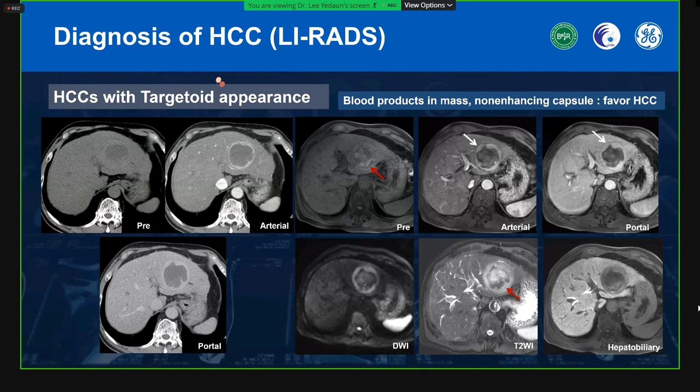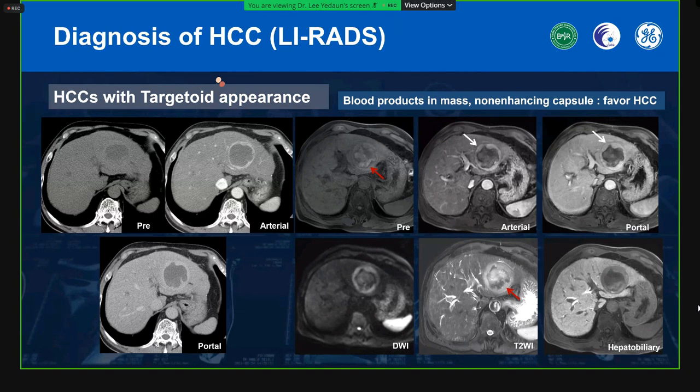And also we can see clearly the non-enhancing capsule on arterial and portal phase. So this lesion was confirmed as HCC after resection. I think ancillary features favoring HCC were helpful for diagnosis of this HCC with atypical features.